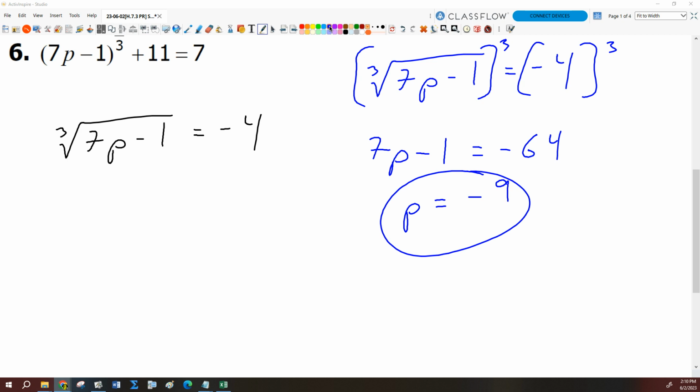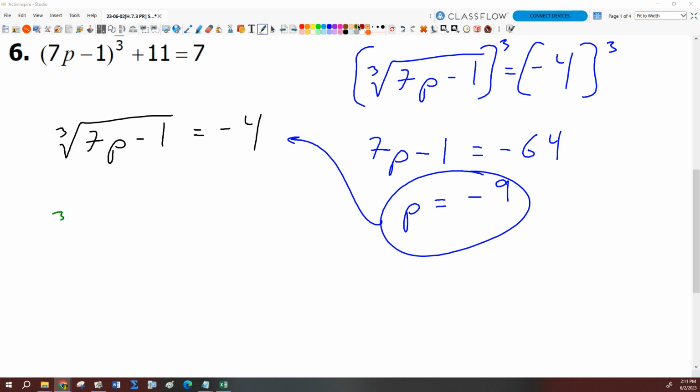I want to think about this. If I had a cube root, I think you're always going to get all the solutions. I don't think you're ever going to have extraneous solutions if you're taking both sides to an odd power. I really don't, but I'll let you know for sure. I've got to think about it more. Until I verify that, just check everything. So if we plug that back in, what's going to happen?